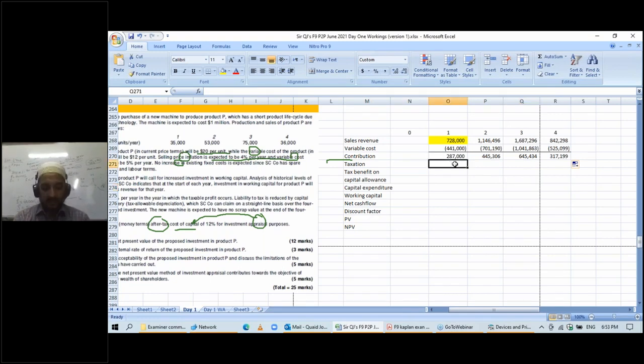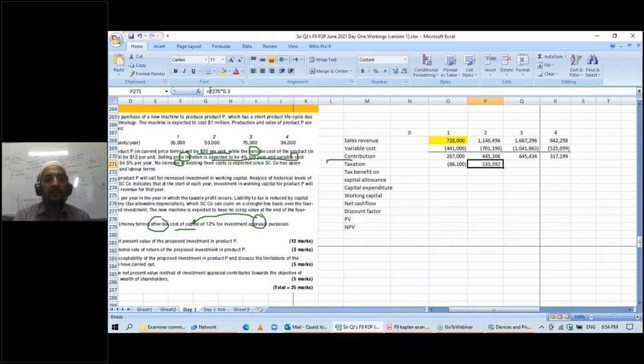Now about tax. Now on 287,000 there is a 30% tax. So the company will have to pay a 30% tax on it. So we will deduct 30% tax. So there is an outflow. There's going to be an outflow of 30% tax out of 287,000 in the same year. So you'll be taking an outflow of 30% for each year.